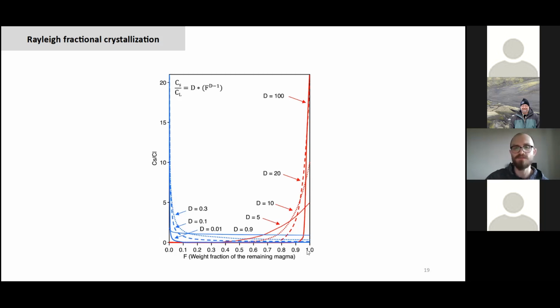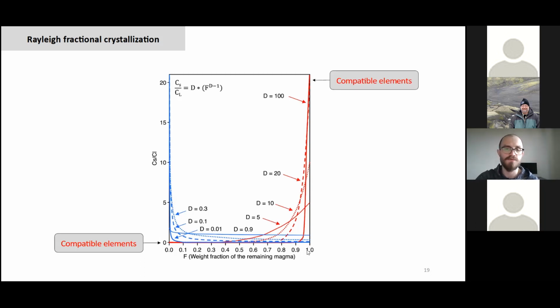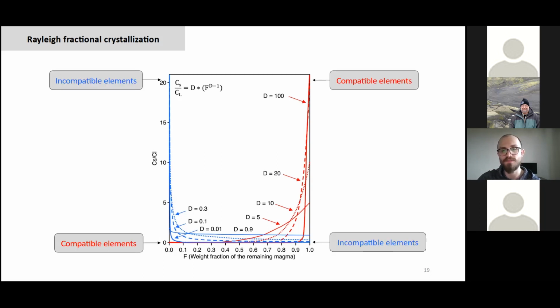Now, based on the Rayleigh fractionation model, elements that are most compatible into a mineral will occur in their highest concentrations in the first minerals to crystallize, and in the lowest concentrations in the final minerals to crystallize, whereas the opposite is true for incompatible elements. So they'll be concentrated in the final minerals to crystallize.